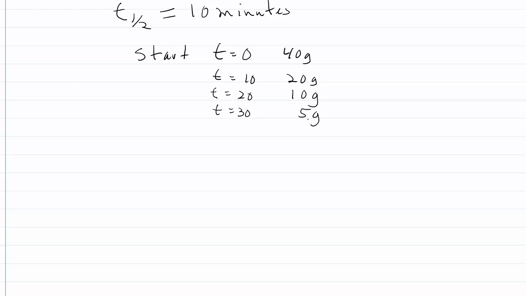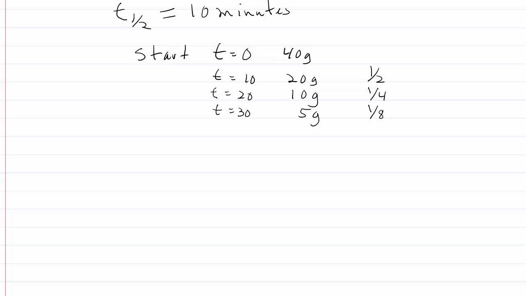Okay, if you look at this, after one half-life, the remaining sample is 1/2 of what we started with. After 2 half-lives, 20 minutes, 10 is 1/4 of what we started with. And after 30 minutes, 5 grams is 1/8 of what we started with.